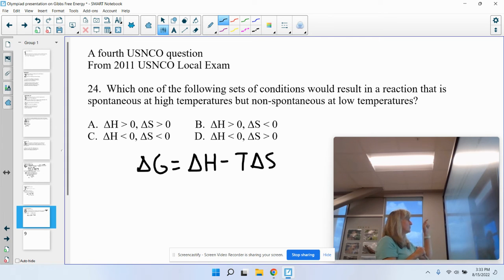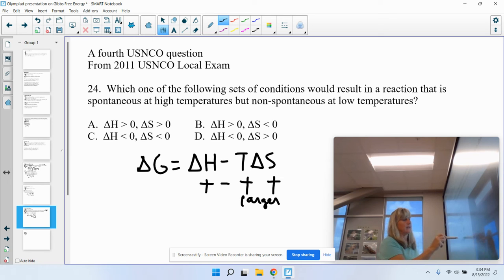All right, so our first choice, if delta H is positive and delta S is positive. Okay, and again, we know that temperature is always positive in Kelvin. So in this case, in order to get delta G to be negative, this term would need to be larger in order to get a negative mathematically.